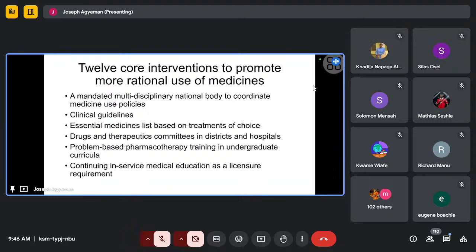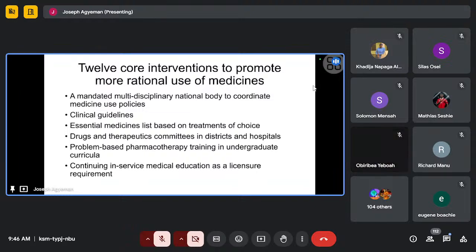Their main target is to control and manage any drug-related issues within the district or the hospitals in terms of procurement of medicines, which medicines are supposed to be procured to the hospital, safety issues when it comes to handling adverse drug reactions, development of the hospital's drug bulletin or the hospital's drug formulary. All these issues are handled by the DTC, including education, educating everybody within the hospital when it comes to drug-related issues. With this, they can help control irrational drug use.